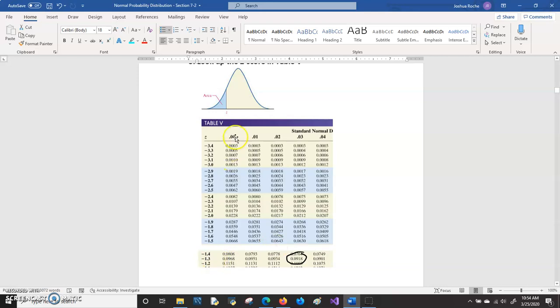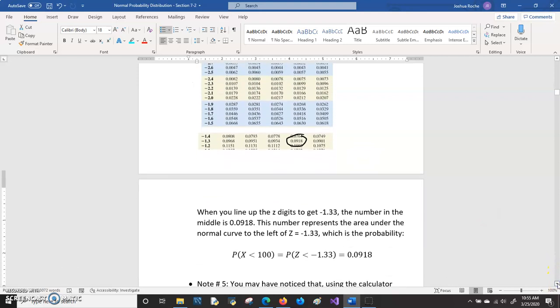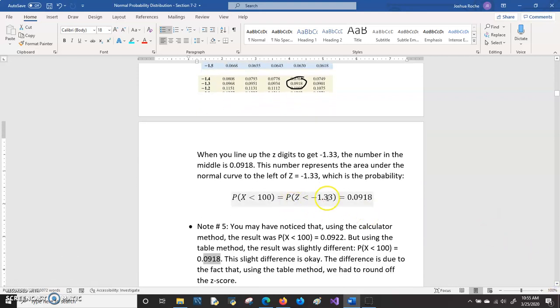That just means that at a z-score of negative 1.33, if this right here, if this z-score was negative 1.33, that area to the left is 0.0918. And that's what we were looking for. Our probability that x is less than 100 is equivalent to the probability that z is less than negative 1.33, and according to the table, that value is 0.0918.